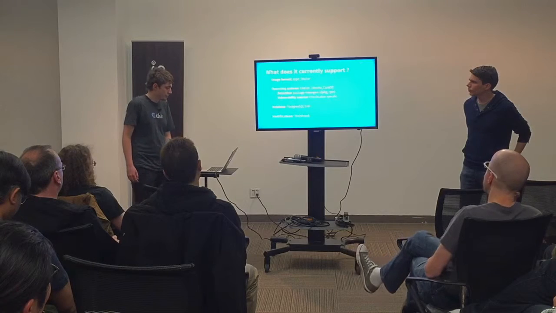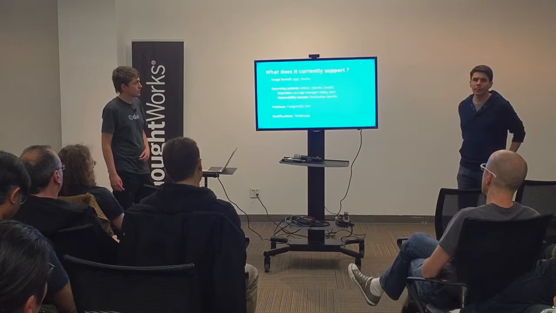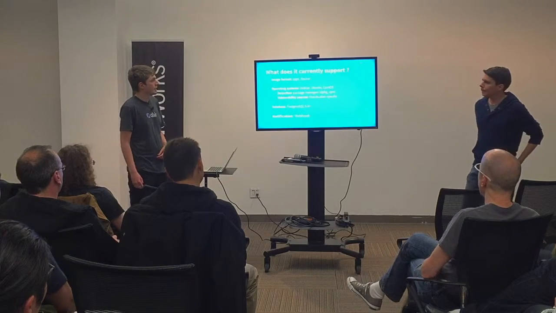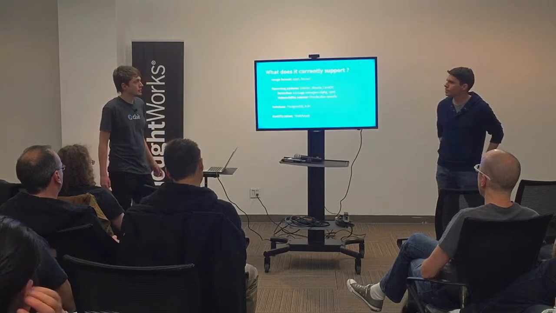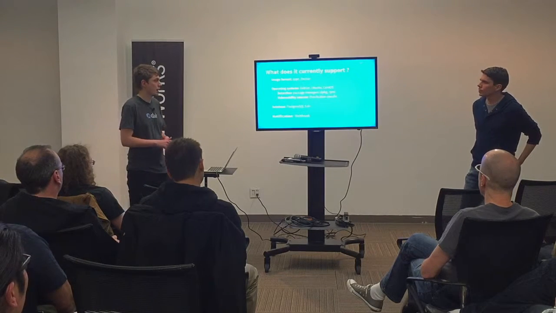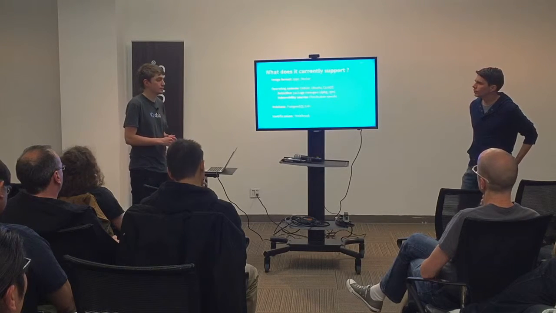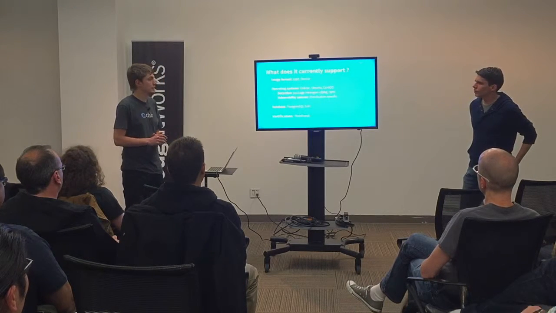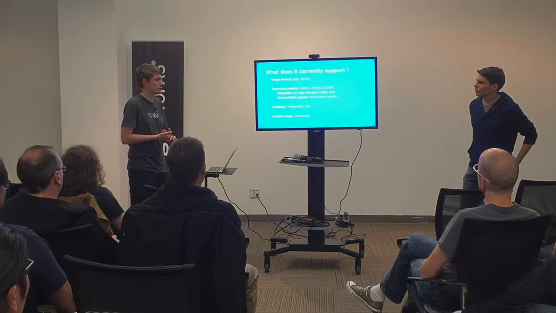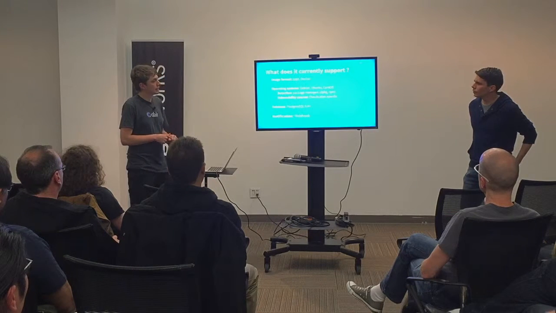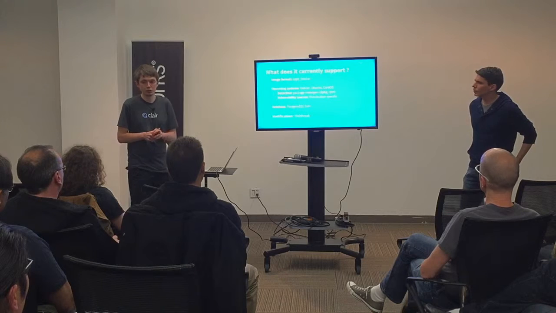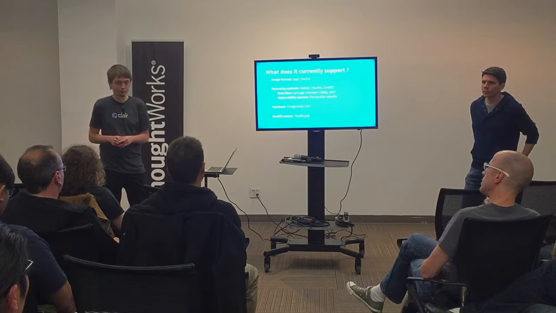So what does Clair currently support? Well, two image formats, appc and Docker, and then three main operating systems, Debian, Ubuntu, and CentOS. Detection for these operating systems is done mainly with package managers. So this is dpkg, for instance, or RPM for CentOS. And they take their vulnerabilities directly from the distribution-specific vulnerability trackers.